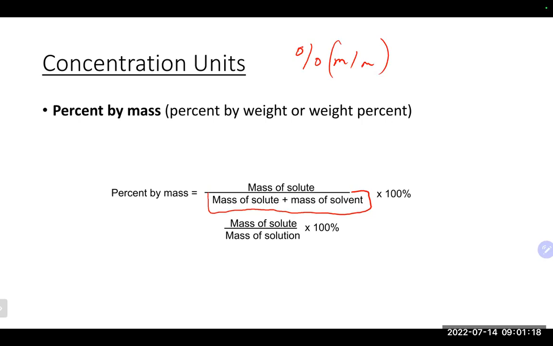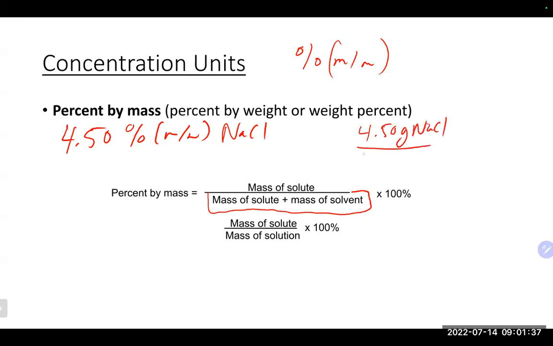Any type of percent concentration unit, you could convert into a usable number. So for example, if we had a 4.5% by mass sodium chloride solution, what that would mean is you essentially have 4.5 grams of sodium chloride in 100 grams of solution. And you could really use that as a conversion factor.